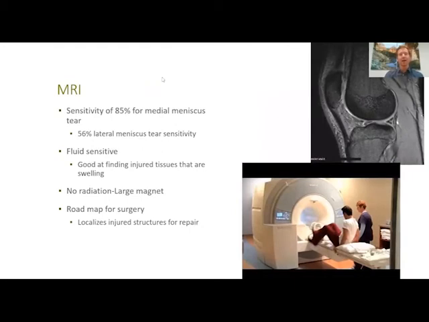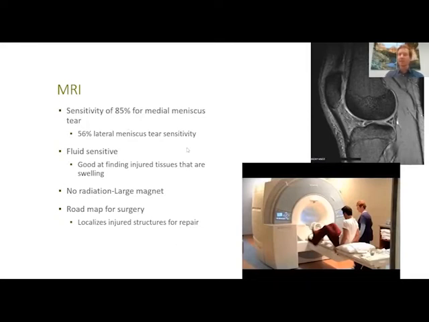And then I mentioned that we get imaging, including X-rays, but to actually evaluate the meniscus, we really need an MRI. It's the best way to see any tears, any problems with the meniscus. Although it can't pick up every meniscus tear, it can pick up the majority.